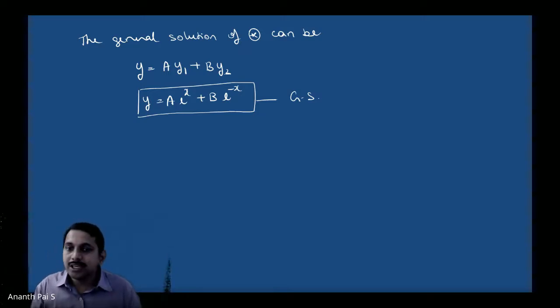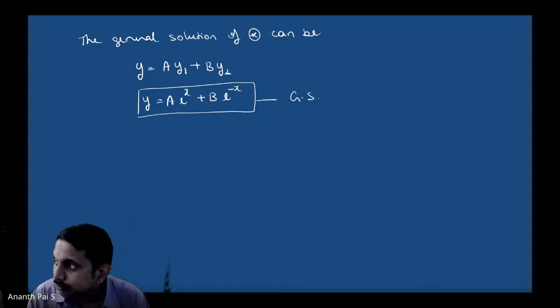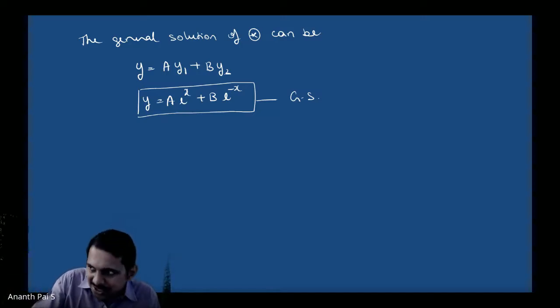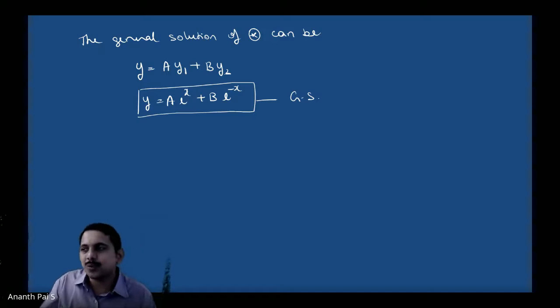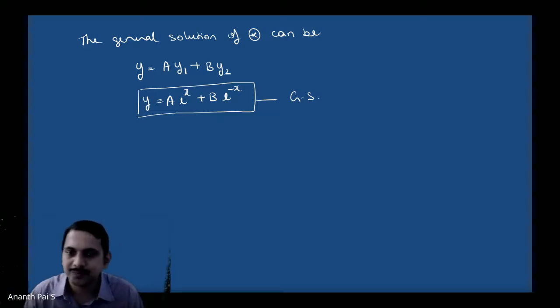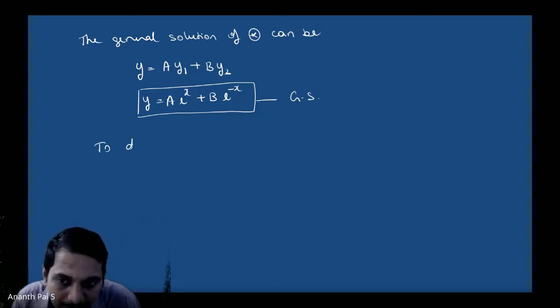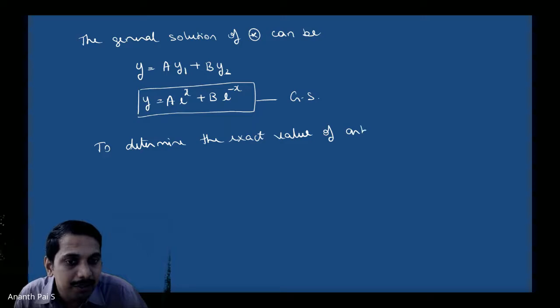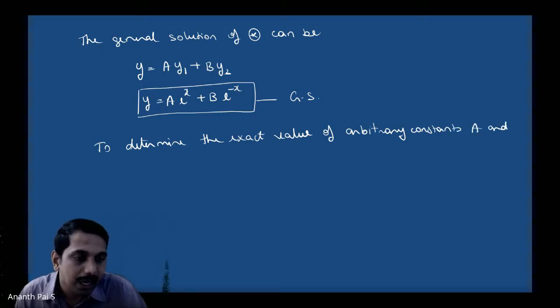Now we have to find the particular solution. To find the particular solution, there are two methods. One is you have to find the boundary conditions. You have to see what is the boundary condition, or you have to see what are the initial conditions. Two things are initial conditions and boundary conditions.